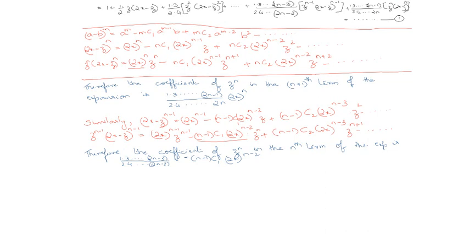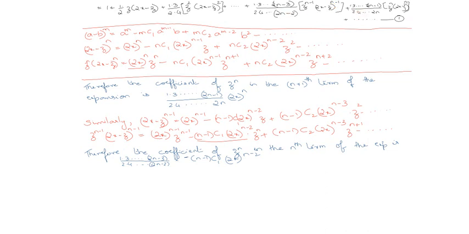Now we need to expand all these, (2x minus z) raised to n, (2x minus z) raised to n minus 1 etc. Then only we will get the coefficient of z raised to n from each term of this expression.